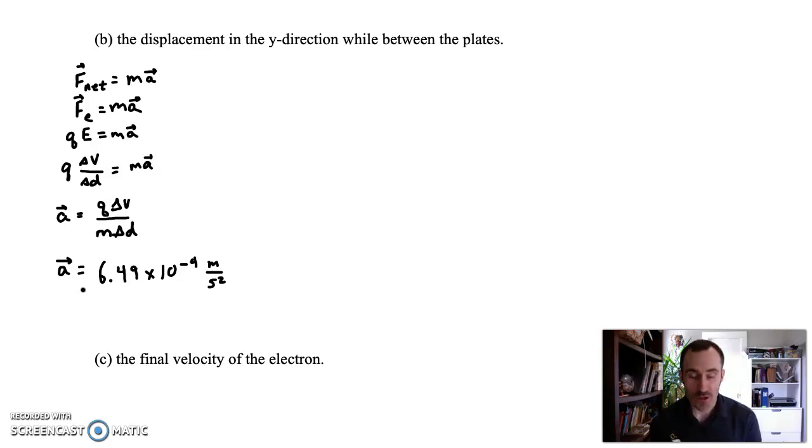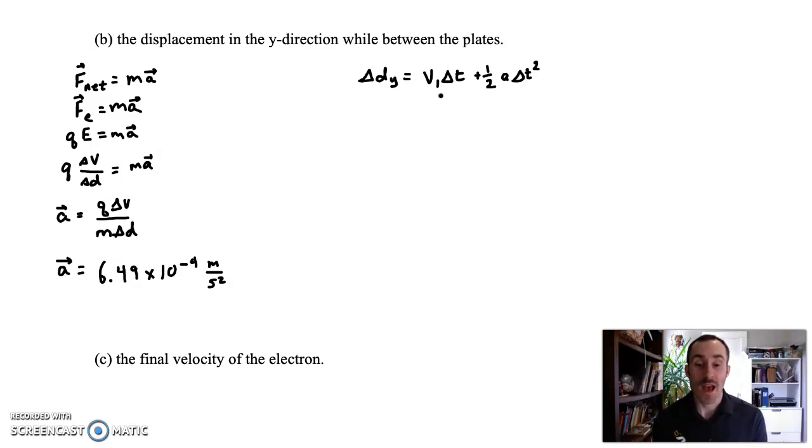And if you look through your kinematics formulas, you'll find that you can figure out the y displacement with this formula: v1 change in t plus half a change in t squared.